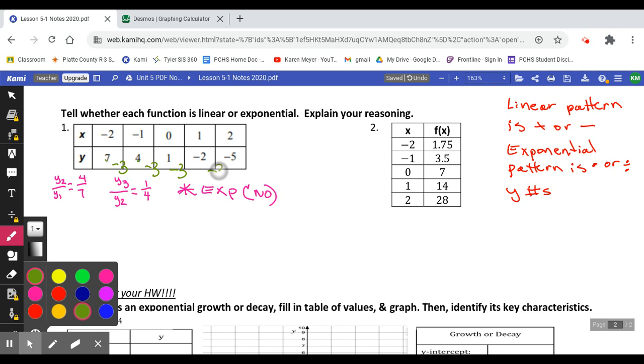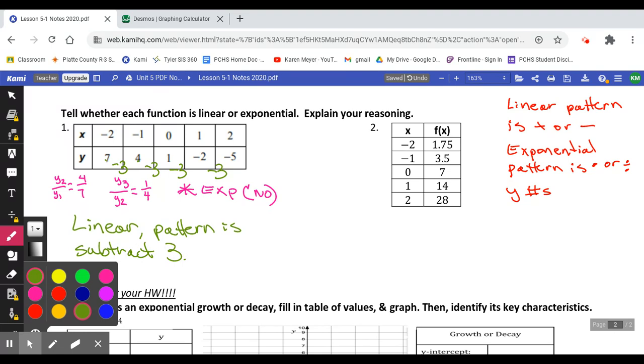And negative 2 minus 3 is negative 5. So yes, the pattern is subtracting 3 the whole time. So yes to linear, and our reasoning is the pattern is subtracting 3.